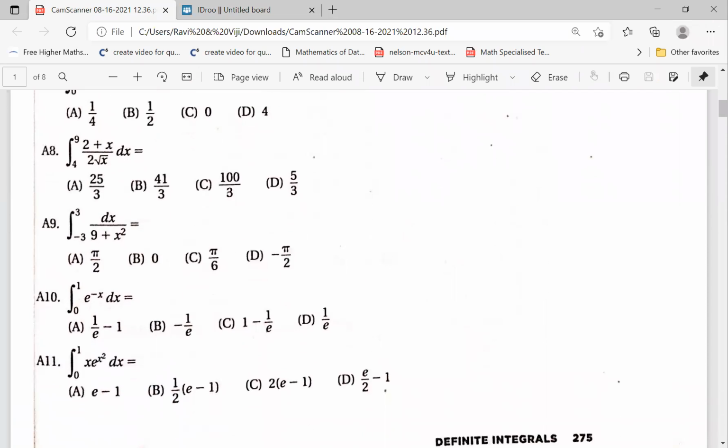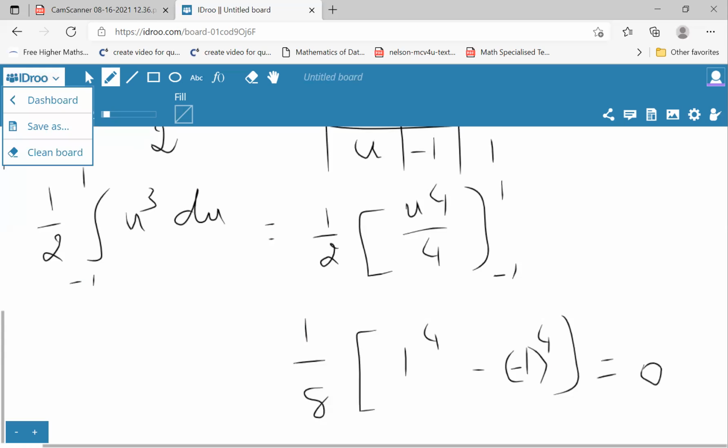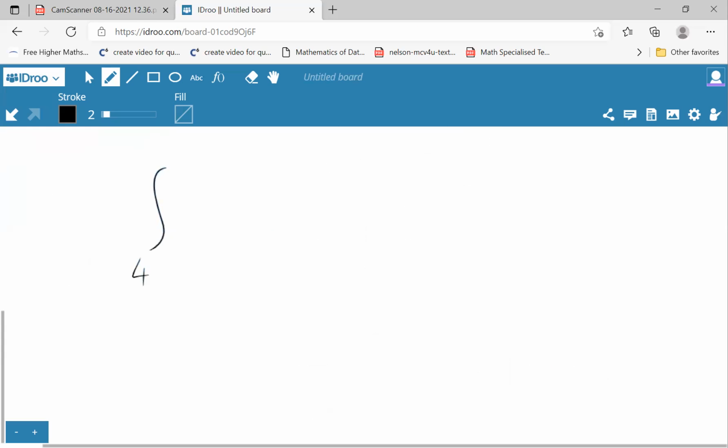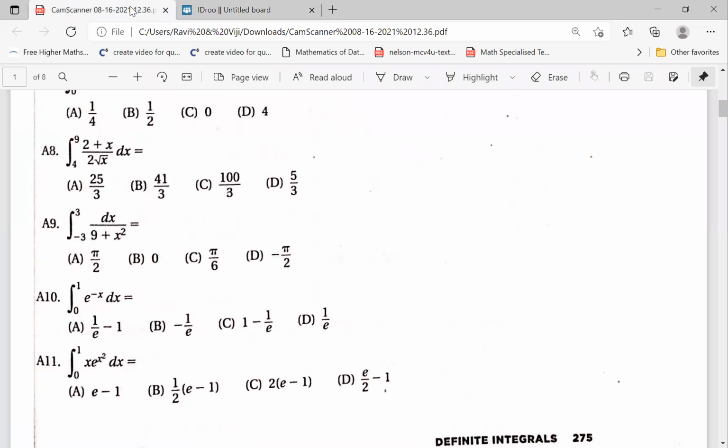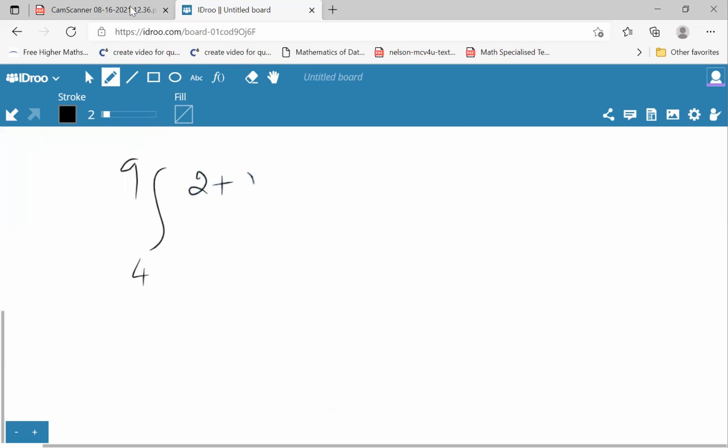Now coming to the 8th one, integration of 4 to 9, 2 plus x by 2 root x dx.